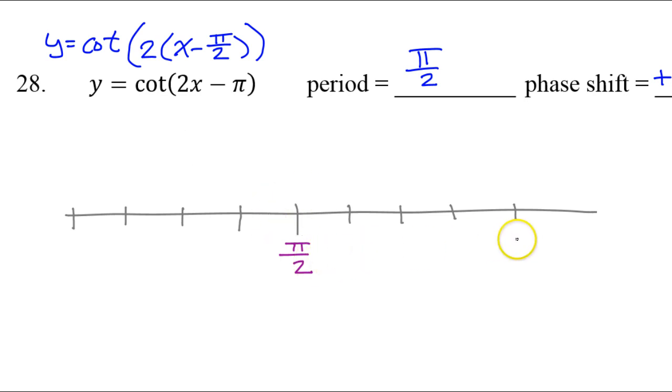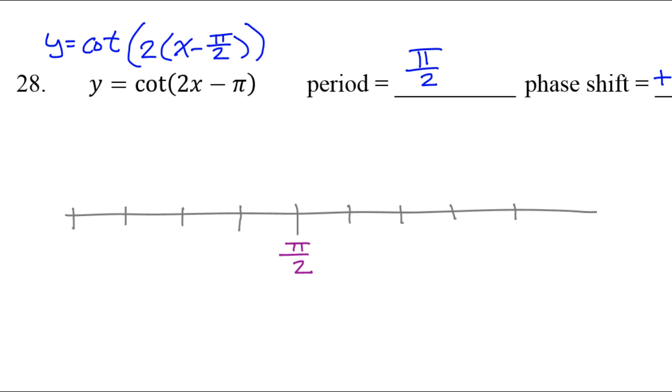I need to label all of these. So in order to find out the value at each one of these positions, I need to keep in mind that every one of these marks is 1/4 of a period higher as I go to the right.